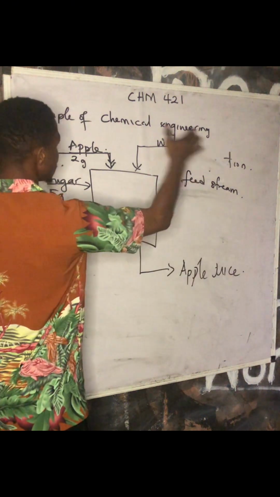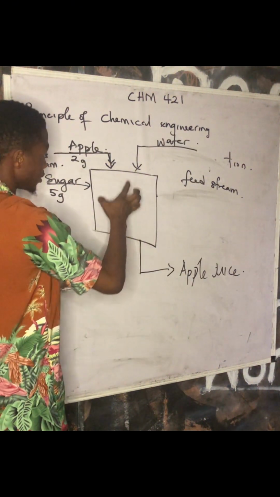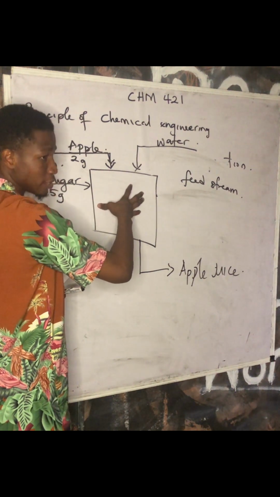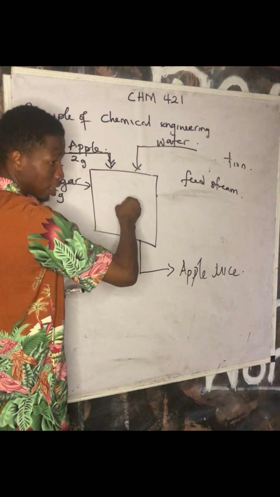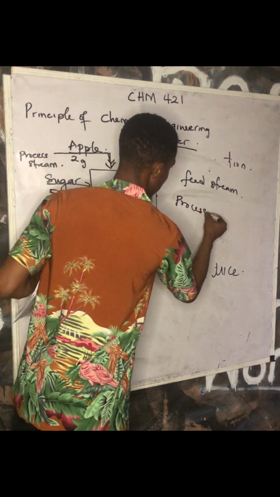This whole thing like this is a process flow chart. The name of this thing now is a mixer, because it's mixing things together. The fact that you're drawing a mixer makes it the process unit.